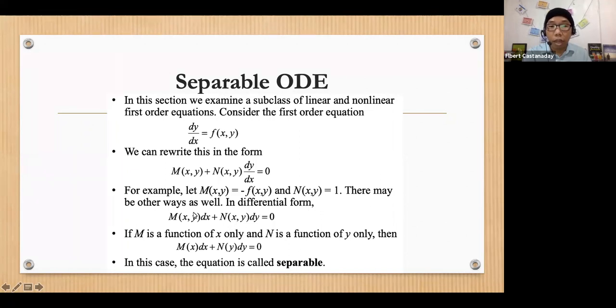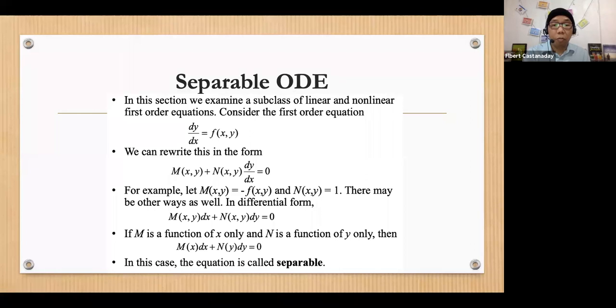If it is in factored form, and we are able to separate the variables such that variable x goes with dx and variable y goes with dy, then that equation is a separable DE.